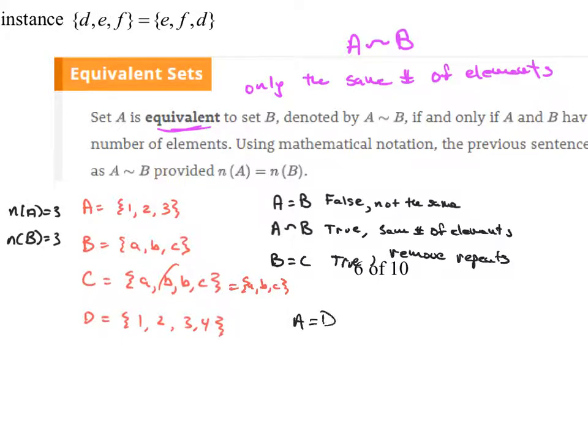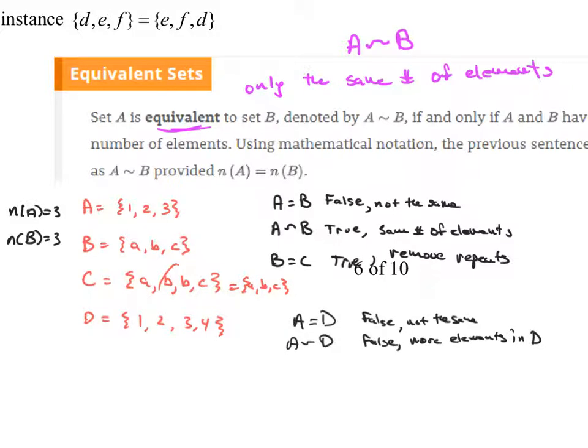Does A equal D? That's false. Why is it false? They're not the same. Is A even equivalent to D? Well, everything in A is in D, but they're certainly not equivalent. That's false. There's more elements in D.